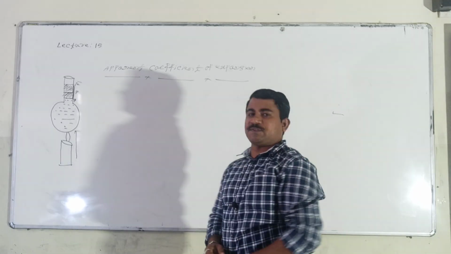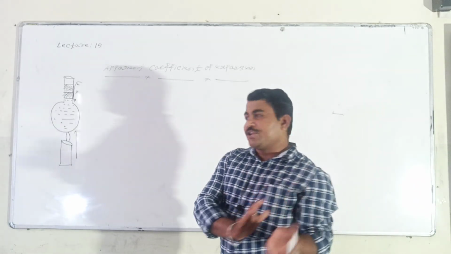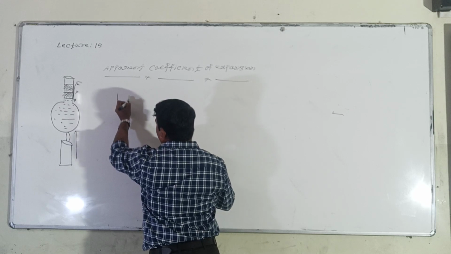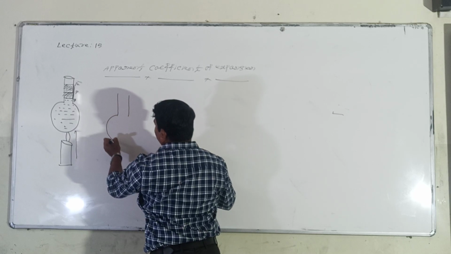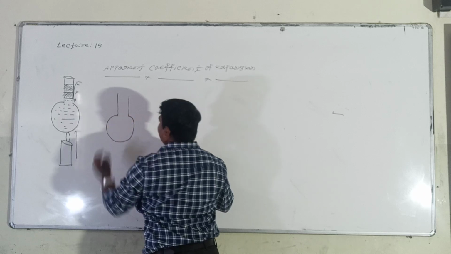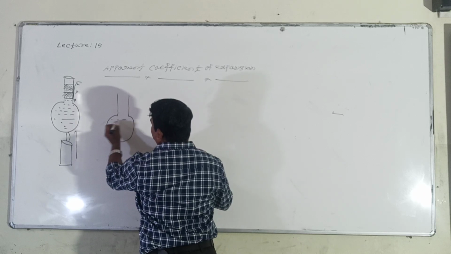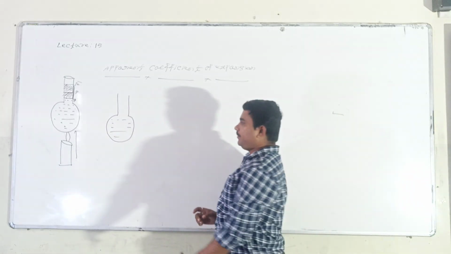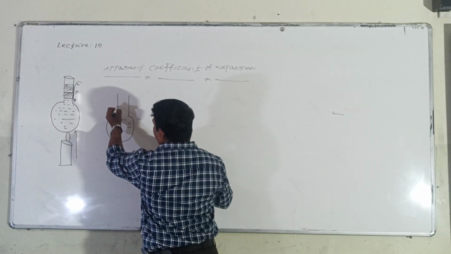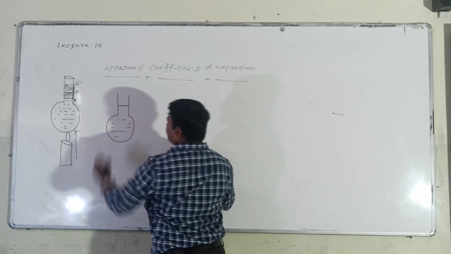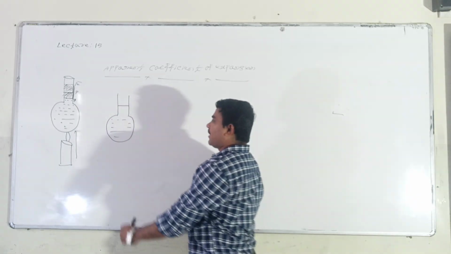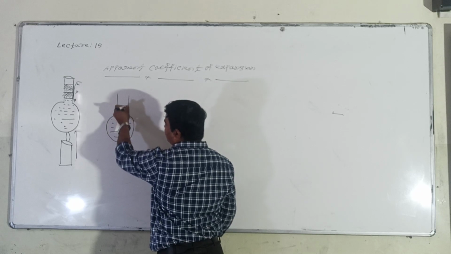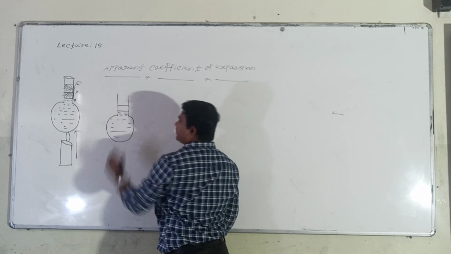Look at me, students. How to define it? I will take initially a liquid in a vessel. It is the vessel containing the liquid. This is nothing but a simple vessel, right? This is nothing but the liquid. Initially the level of the liquid is up to this point. When temperature increases, it may fall down from here to here.